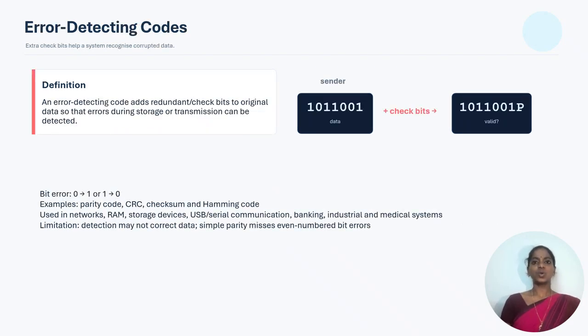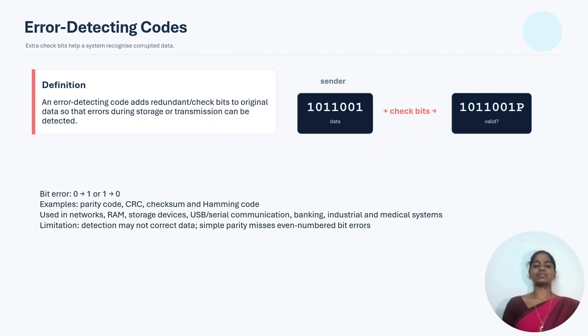An error detecting code is a binary code that adds one or more extra bits, called redundancy bits or check bits, to the original data so that errors occurring during data storage or transmission can be detected. A bit error occurs when a 0 becomes 1 or a 1 becomes 0. Why are error detecting codes needed?